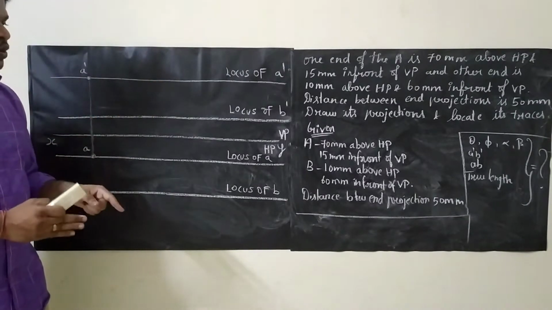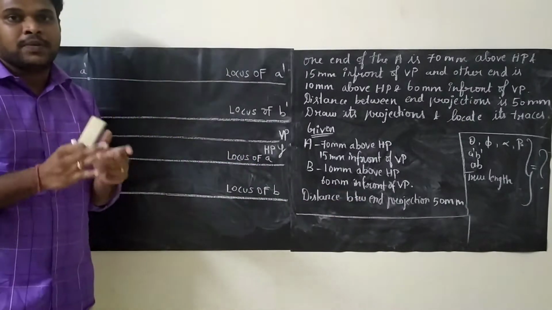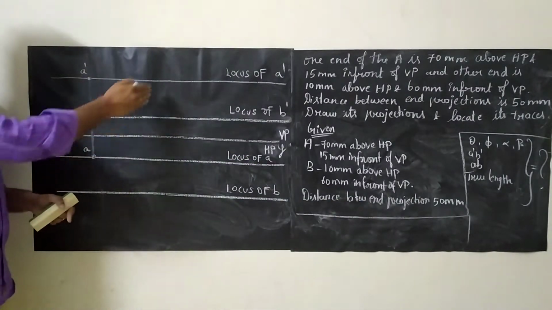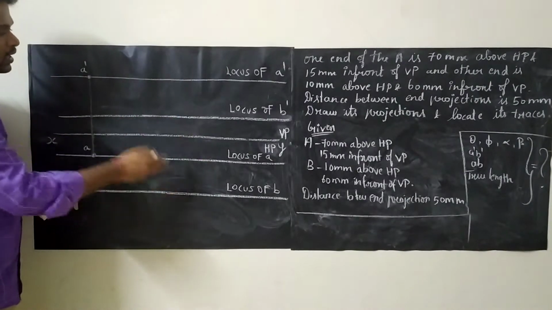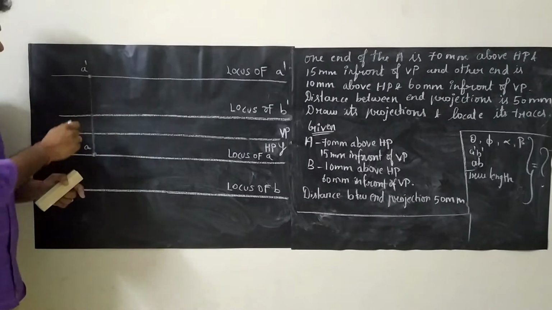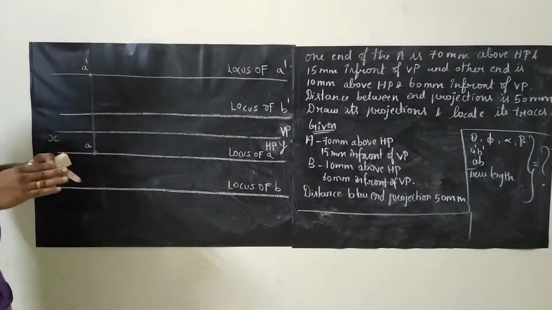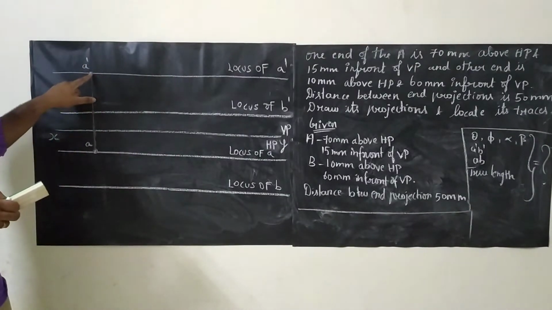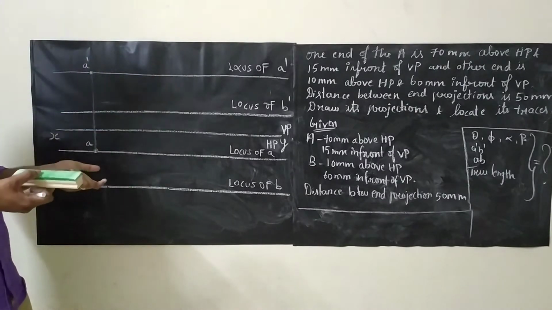For that we are going to use a hint, the distance between the end projectors. For example, we have A dash and A, and somewhere here we will be getting B dash and B. The distance between these two straight lines will be 50 mm. So approximately, take your scale, keep it here, and for 50 mm draw a straight line vertically.